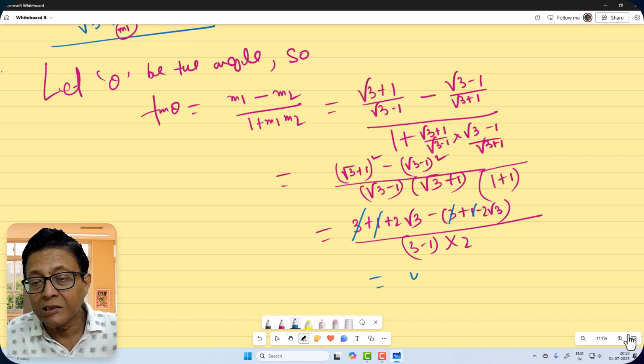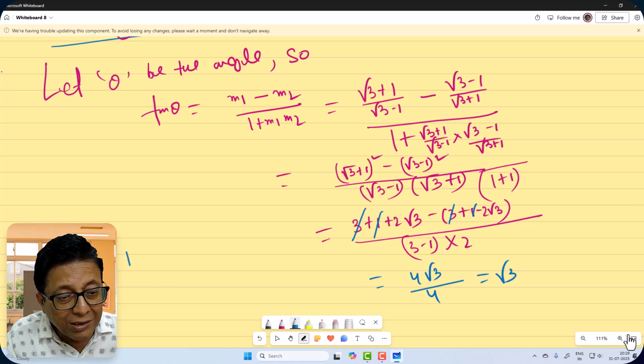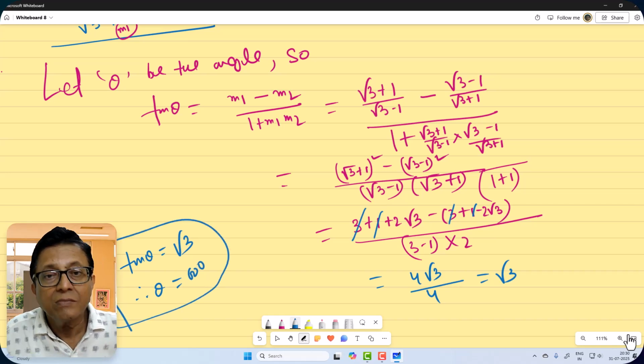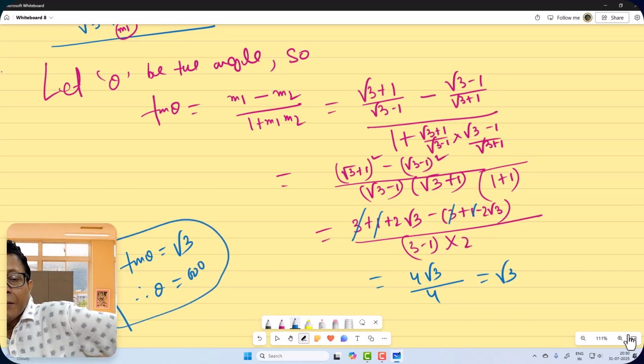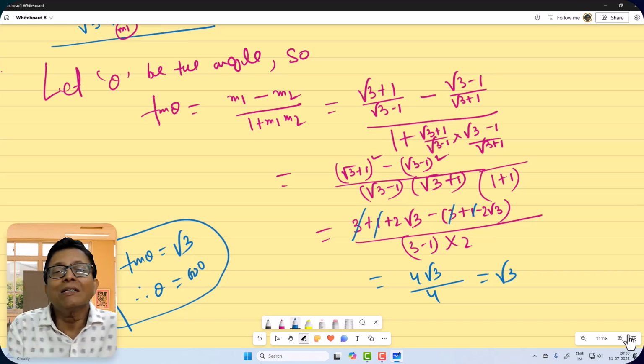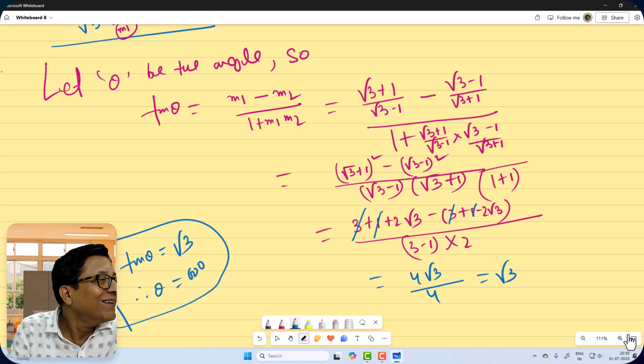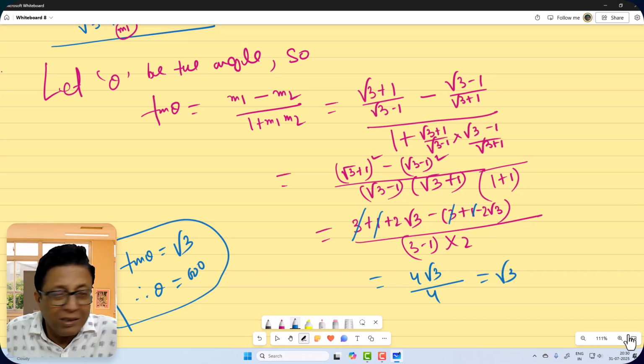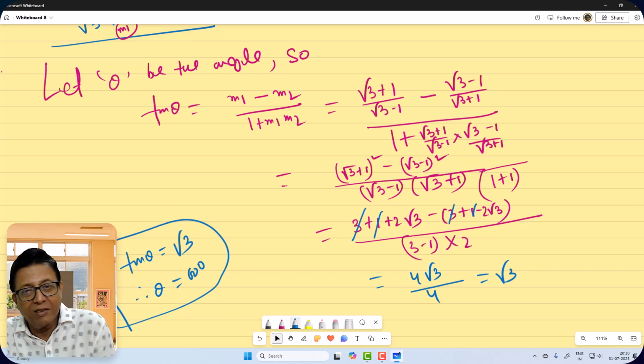So only thing is root 3. So tan theta is what? Root 3. So theta is going to be 60 degrees. Angle between them is going to be equal to 60 degrees. Actually, this one is tan 75. So this is 75 and this is 15. 75 minus 15 is 60. For MCQ, do that. Otherwise, you have to find it by this. Okay?